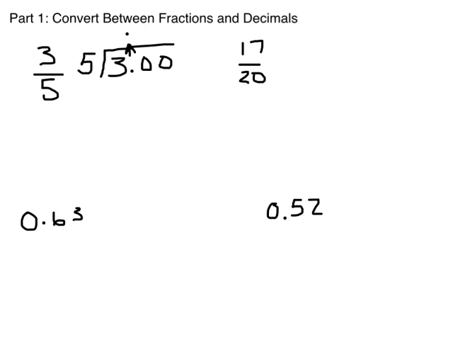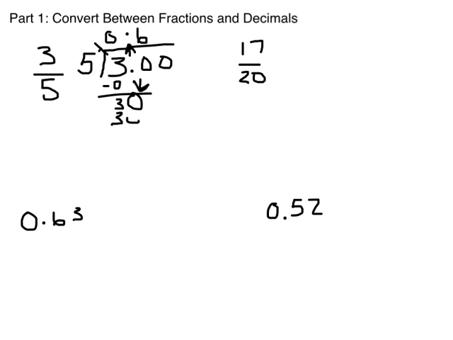Now I can divide. Can 5 go into 3? No, it can't. Can 5 go into 30? Yes, it can. How many times does 5 go into 30? 5 goes into 30 6 times. After I divide, I multiply. What's 6 times 5?